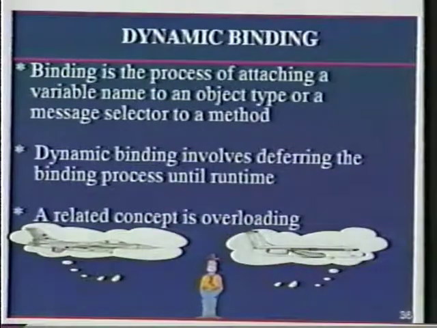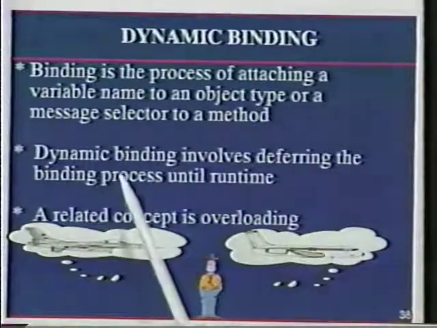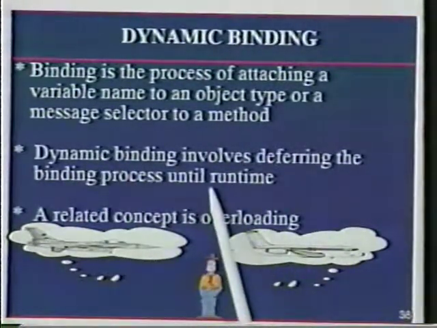The second question is in relation to dynamic binding. What really is dynamic binding, and why is a different terminology used instead of the things which we see in regular compilers? Well, the difference between static and dynamic binding is that in dynamic binding we defer the binding process until runtime.